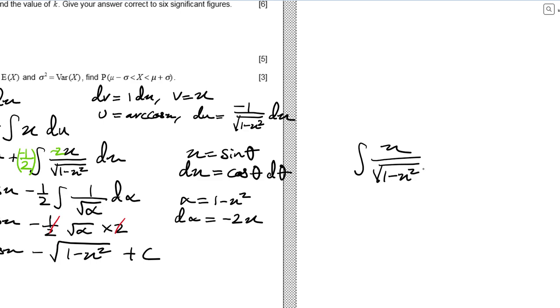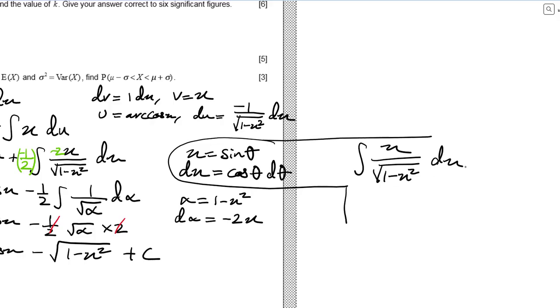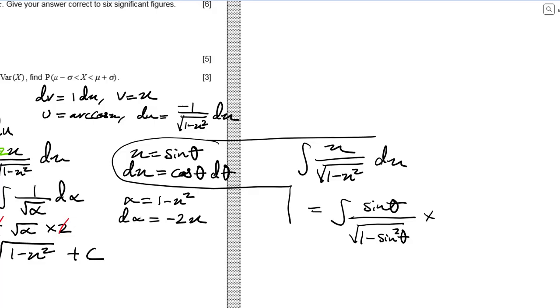Now the other way, using trig sub, would just be the integral of x over root 1 minus x squared, and let x be sine theta. Then we have root 1 minus sine squared theta. And so this looks awfully familiar. We know our trig identities, right? And dx is substituted with cos theta d theta.